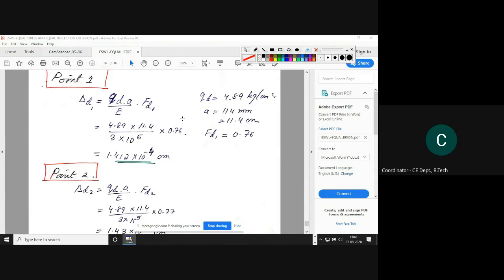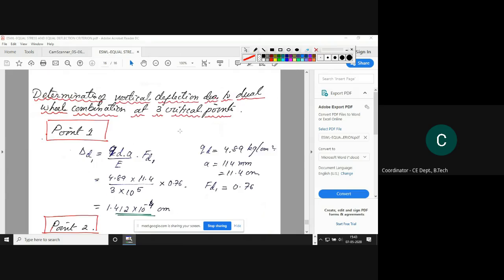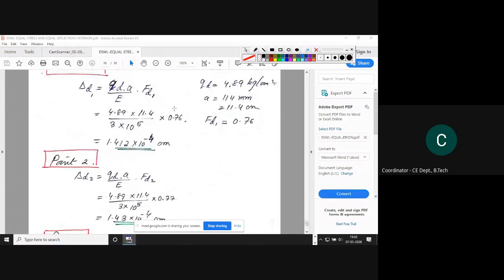So FD1 is how much? 0.76. So put it here, 0.76. A is given as 1. You have to keep in mind that units should be the same. If you put Q in kg per centimeter square and E in kg per centimeter square, then this will be in centimeter. It was given in millimeter, so I have converted it into centimeter.